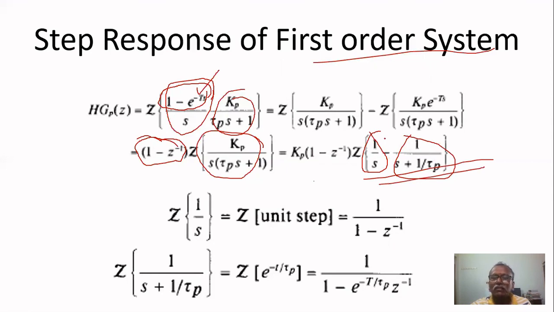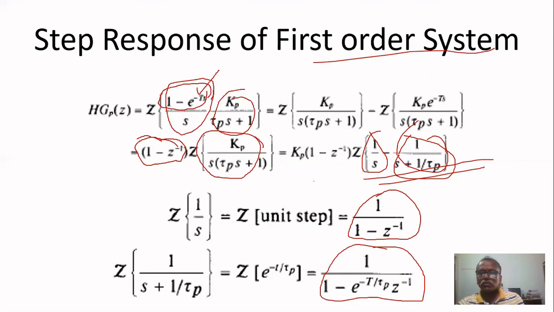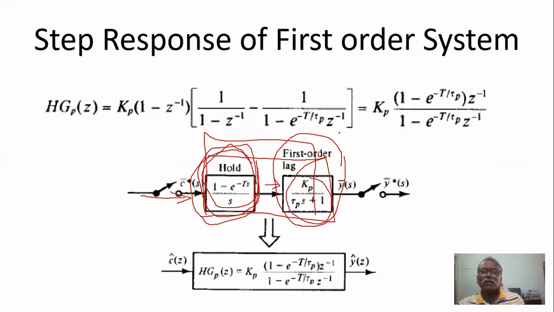If you find the z transform for each, for this you get 1 by 1 minus z power minus 1. For this it is 1 by 1 minus e power minus T by tau p z power minus 1. If you substitute these two here, you will get the transfer function.